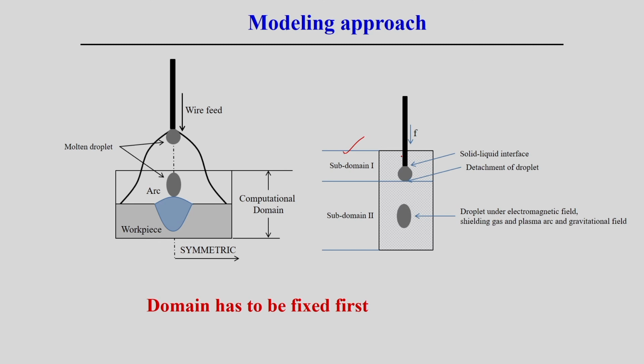Therefore, up to the detachment of the droplet, as the droplet forms and grows, we can simply do the temperature analysis, meaning when it hits the critical temperature. Assuming the melting temperature, the droplet starts forming.